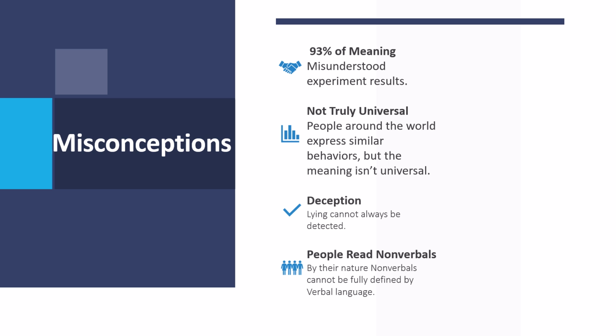And some other things that are misconceptions about nonverbal communication is that some things are constant across everyone. That doesn't matter where you're from, who you are, where you grew up, that some of the meanings are universal. But that isn't exactly true either, because just think about a smile.